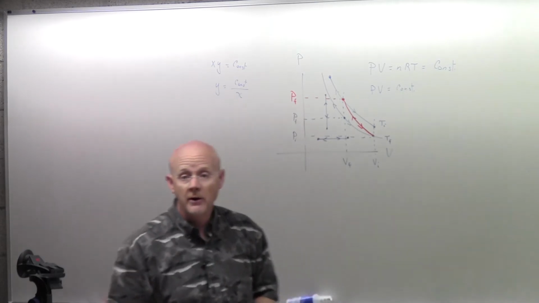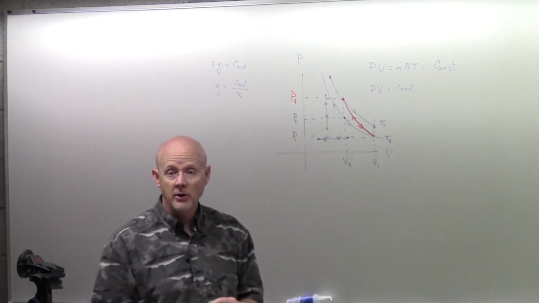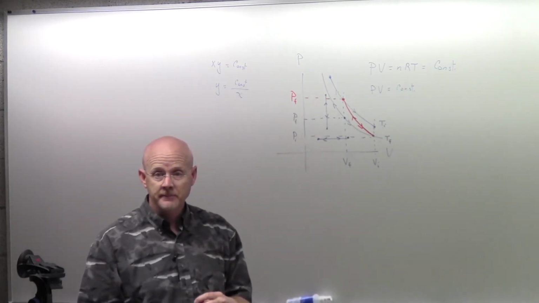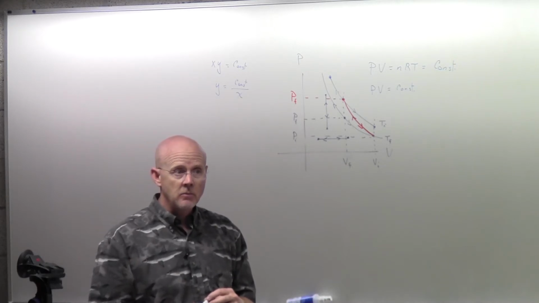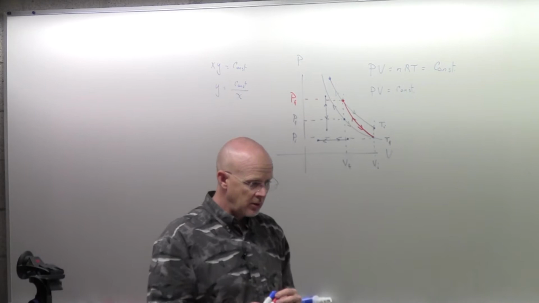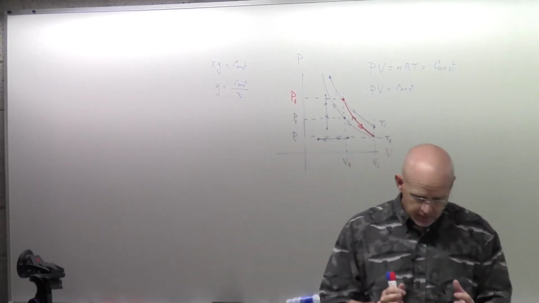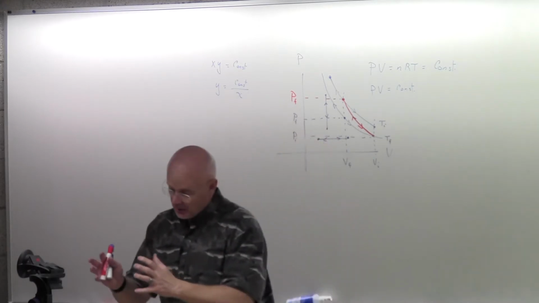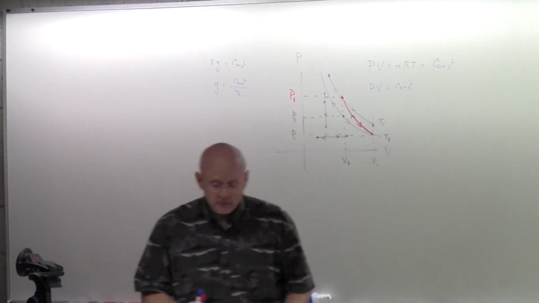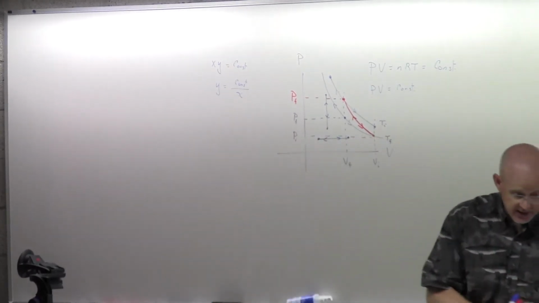Yeah. Shockwave from an explosion, would that be constant pressure and volume as it goes out? No. As the shock wave goes out, say there's molecules here, and the shock wave hits them.